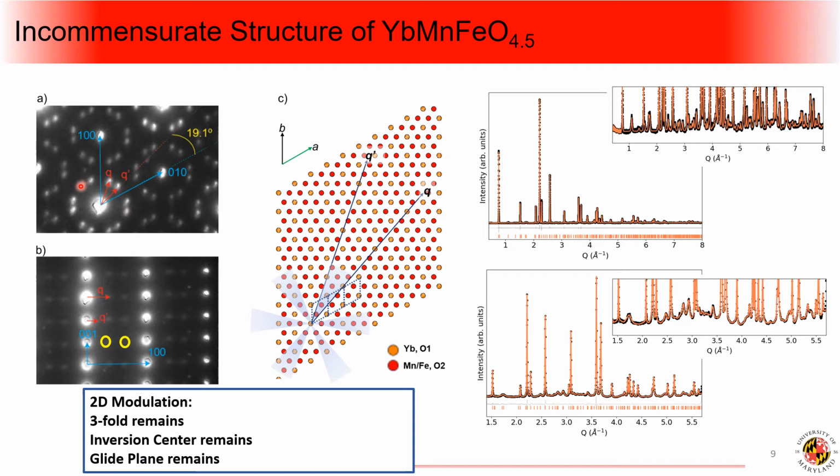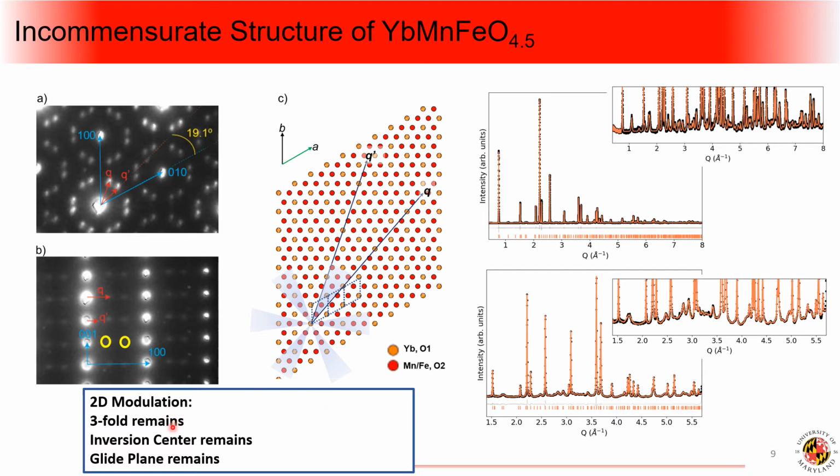And also, you can see there are actually 12 modulation vectors surrounding, and these 12 are identical to each other, right? Based on the arrangement of the modulations here, we can extract some of the symmetry elements that exist in the modulation vector.